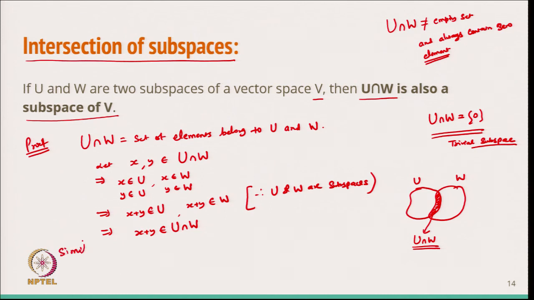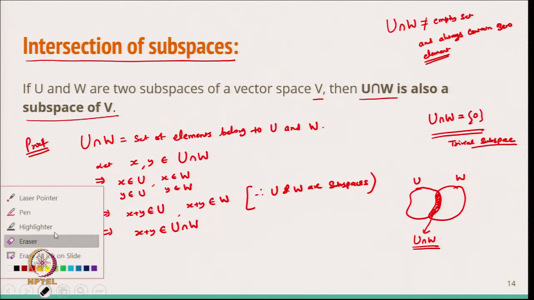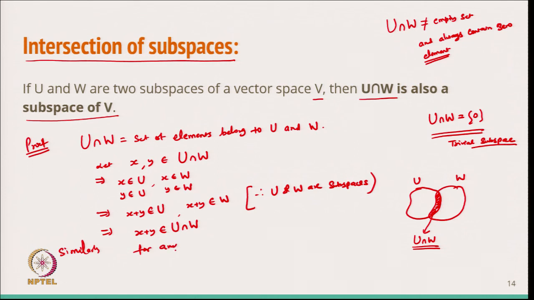Similarly, for any scalar alpha, x belongs to U intersection W, so alpha x belongs to U as well as to W, because it is just a scalar multiplication and U is itself a subspace and W is also a subspace.